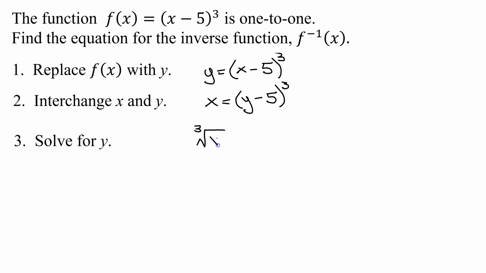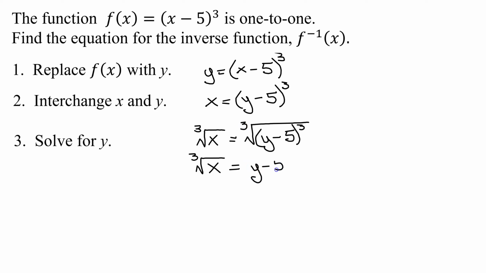So I'm going to get the cube root of x equals the cube root of y minus 5 all cubed. So I get the cube root of x equals, when you take the cube root of a cube, they are going to undo each other, and I'm just going to get left with y minus 5.